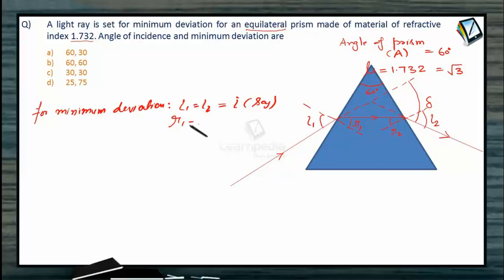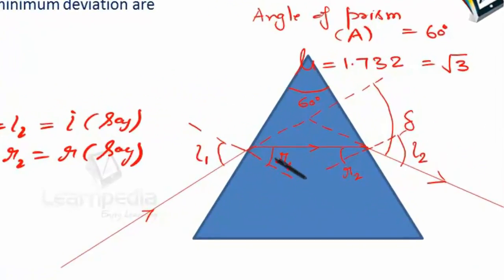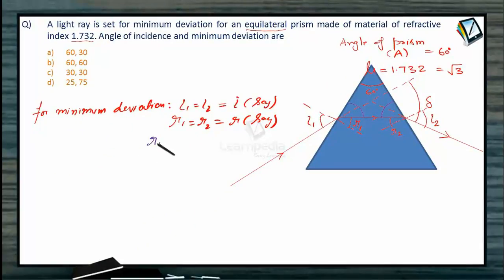So R1 equal to R2, say it is equal to R. Here you can see that this angle is 90 minus R1, this angle is 90 minus R2, plus 60 equal to 180 degrees. In fact, R1 plus R2 is equal to the angle of prism. So in case of minimum deviation, 2R is equal to A. A is 60 degrees, so R is 30 degrees in this situation.